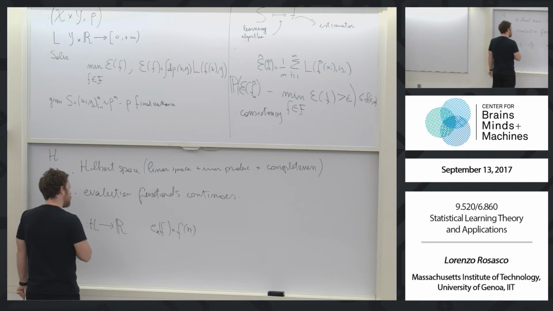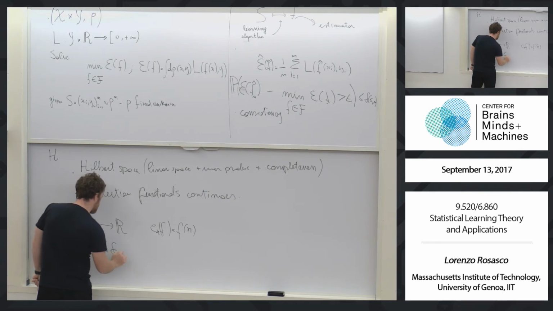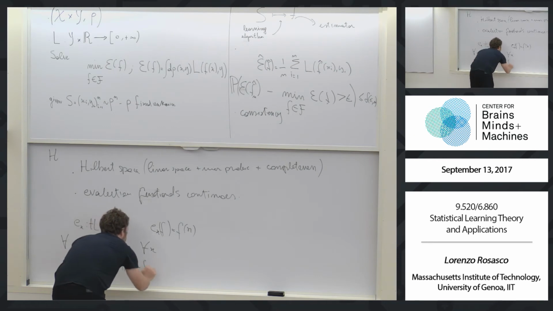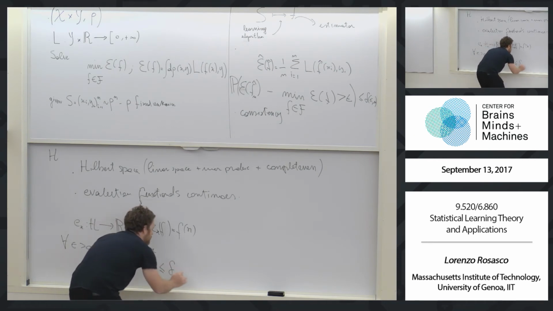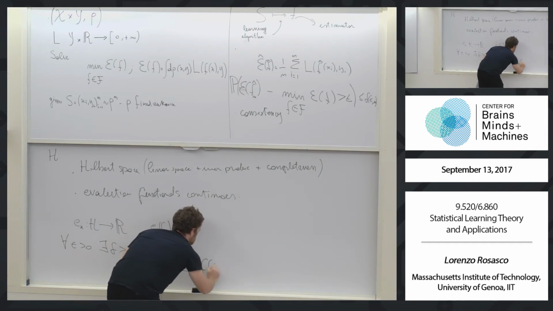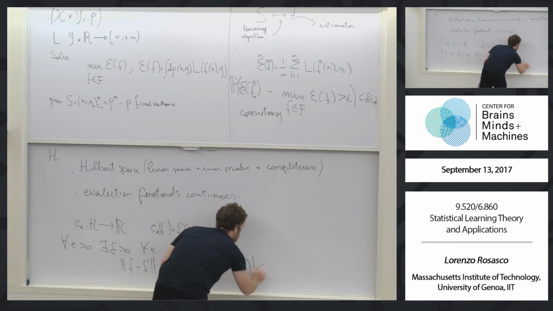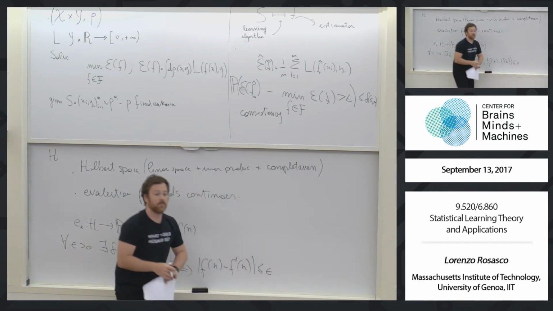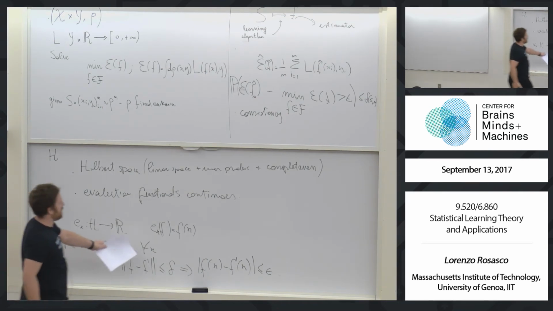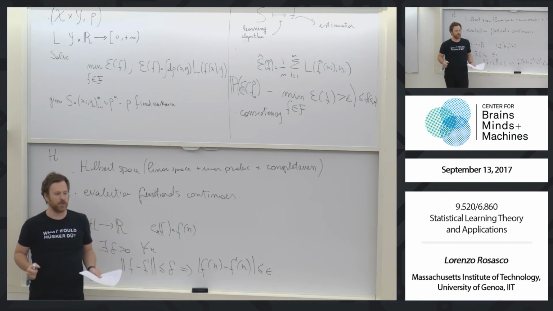By requiring this map to be continuous, we basically say that for all epsilon bigger than 0, there exists a delta bigger than 0 such that for all x, if the norm of f minus f prime is smaller than delta, then |f(x) minus f'(x)| is smaller than epsilon. This is just the evaluation functional. It just says this map is continuous.